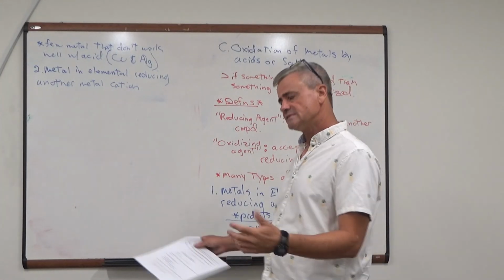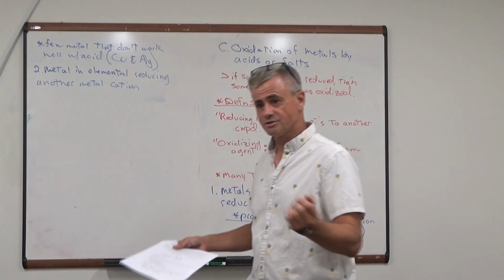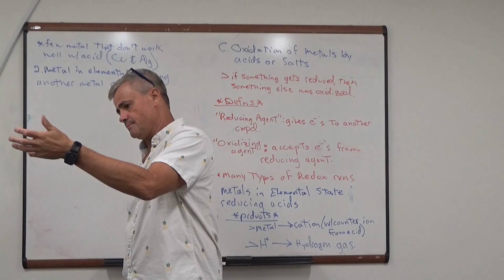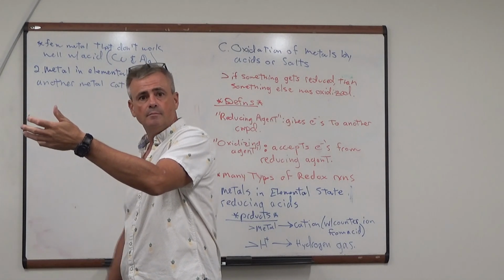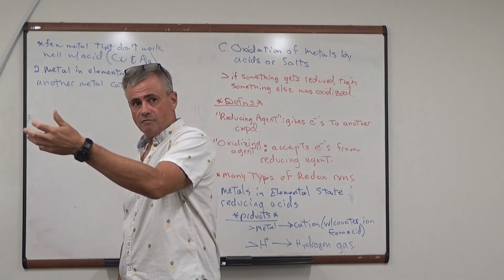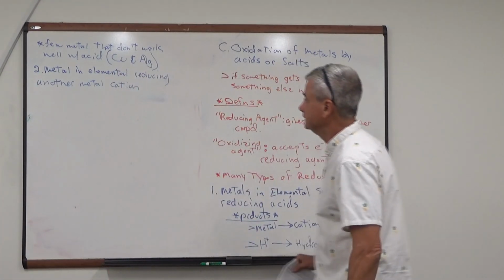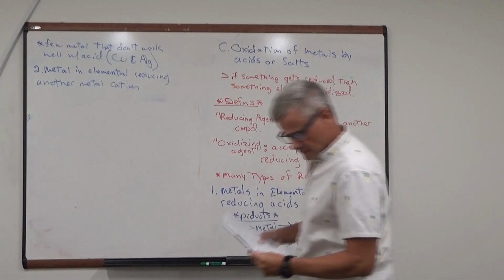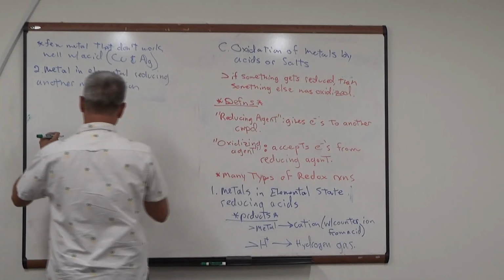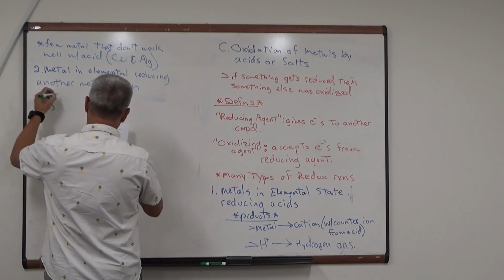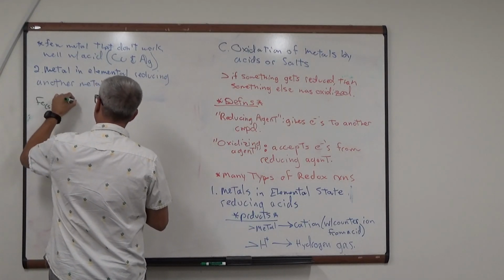If it wasn't like that, none of these reactions would work, because you're going to create another metal in its elemental form, and if all the metals could react with all the cations, it would just go back. All right, so an example of that is solid iron reacting with nickel nitrate.